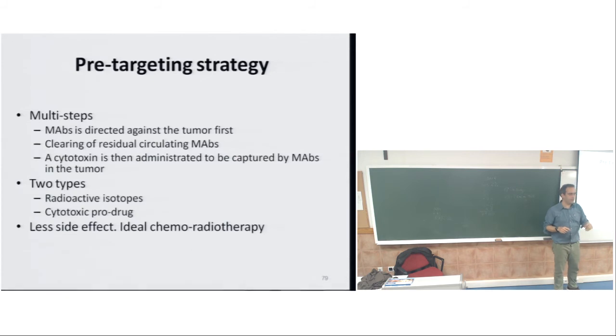First, we wait a while until the non-bound monoclonal antibody is cleared from our body. It's excreted. Only the monoclonal antibody attached to the ligand, to the tumor cell, will remain. And then afterwards, we inject a cytotoxin that can only be captured by the monoclonal antibody. Now you understand it better?